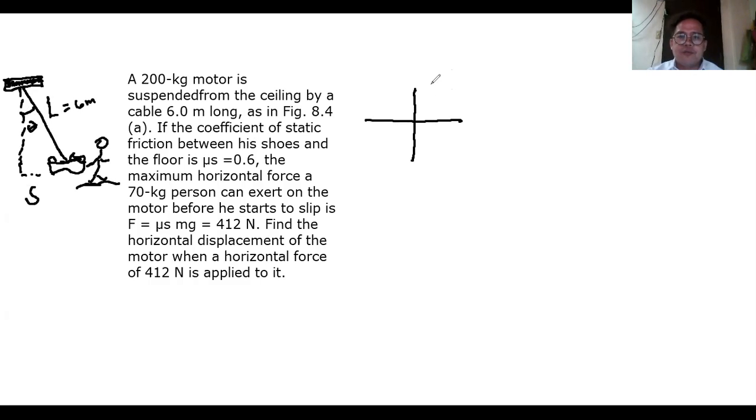The first part is the tension, wherein the tension is moving in this direction, and you will have your tension X and tension Y. The angle is on the top, so we will draw it again.